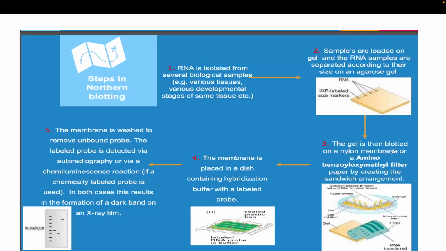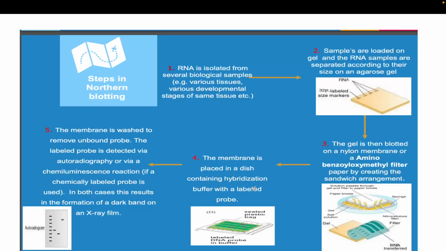The most common blotting material is a nylon membrane or aminobenzyloxymethyl filter. By creating a sandwich arrangement, you can transfer the gel to the blot. After transfer, the membrane is placed into a dish containing the hybridization buffer, where the labeled probe is present.